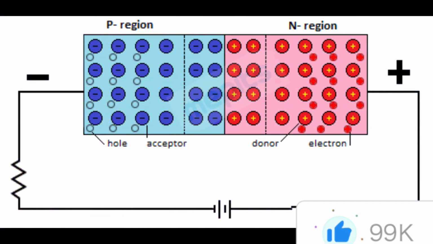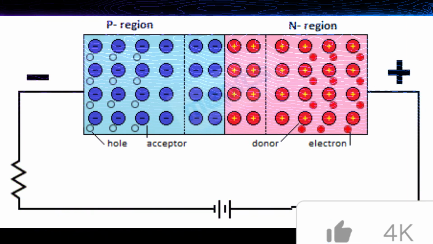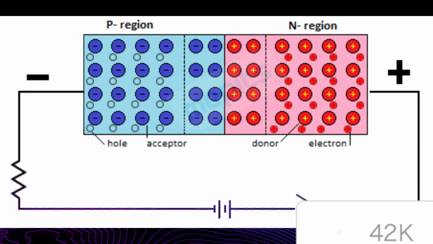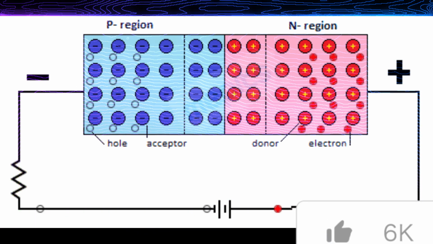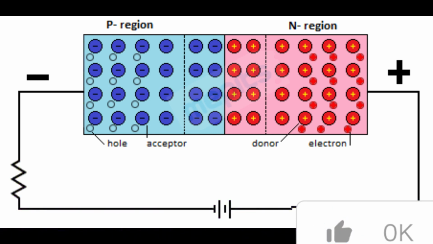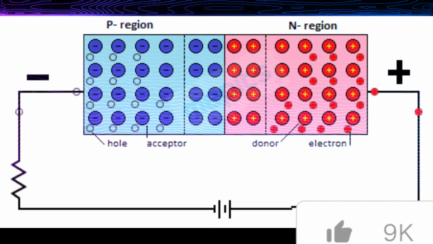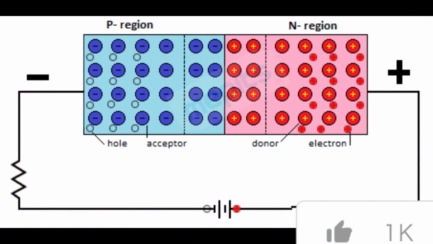If the leads are reversed, the ohmmeter should indicate an open circuit or no continuity. If the diode shows continuity in both directions, it means that it is shorted. No good. If the ohmmeter indicates no continuity in either direction, the diode is open. And that's not good either.